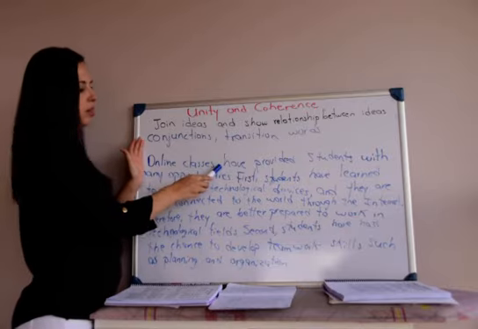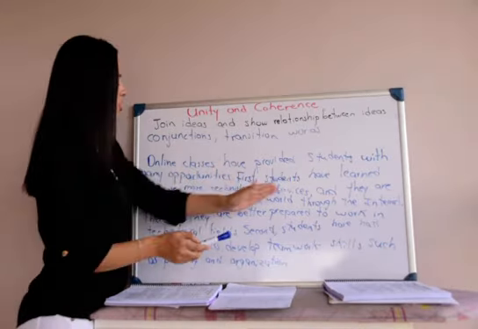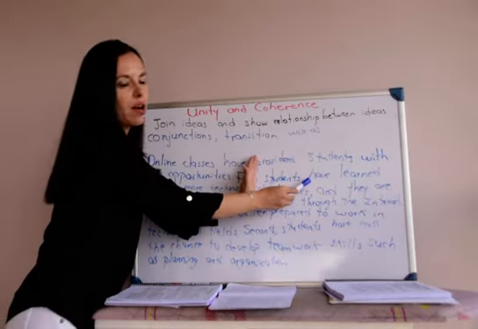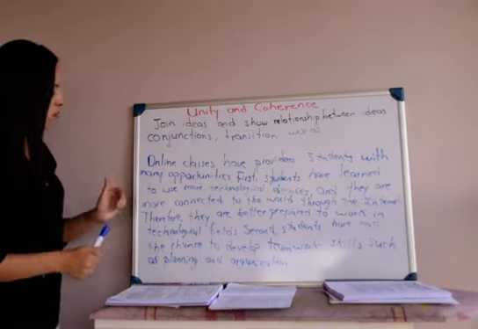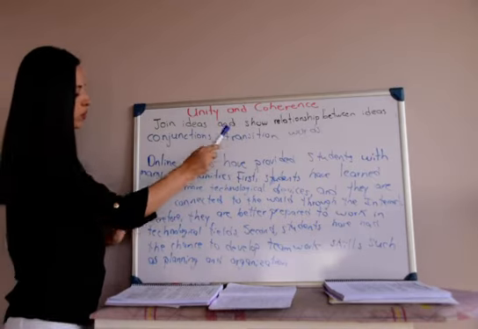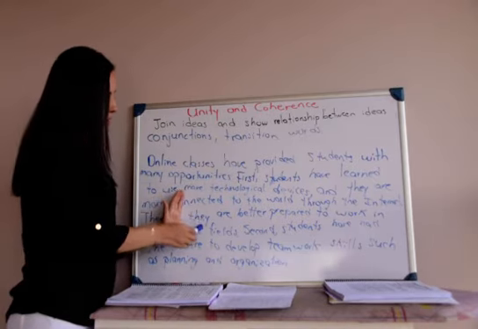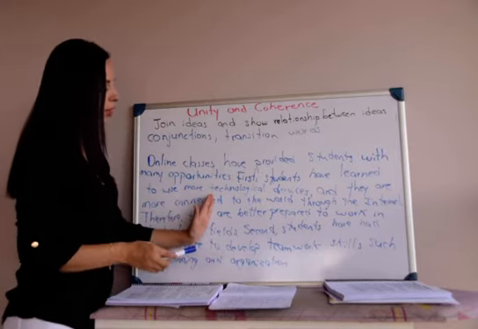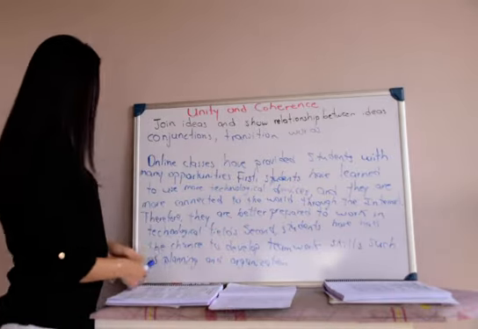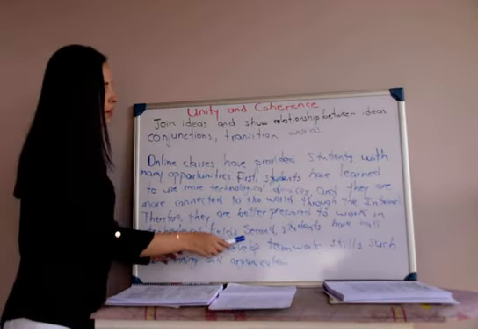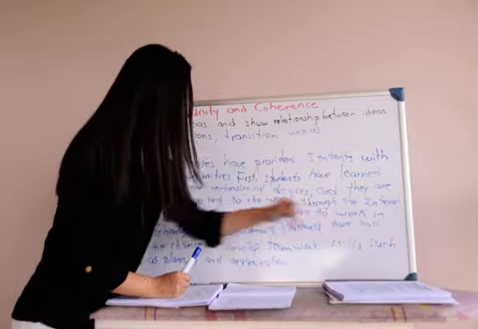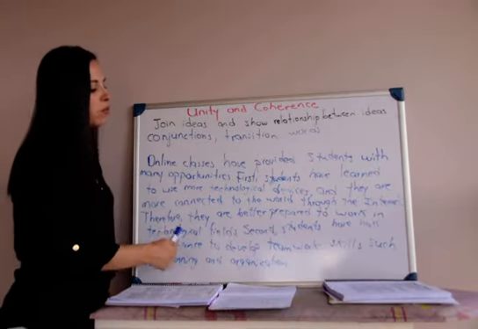We have here one sentence. Online classes, subject, verb, have provided, complement, students with many opportunities, period. First, that is a transition word. Students, another subject, have learned, verb, and complement, more technological devices, period. Therefore, transition word. Another sentence. Subject, they. Verb, are prepared with a modifier, better. Complement, to work in technological fields, period. Second, transition word. Subject, students. Verb, have had. Complement, the chance to develop teamwork skills.